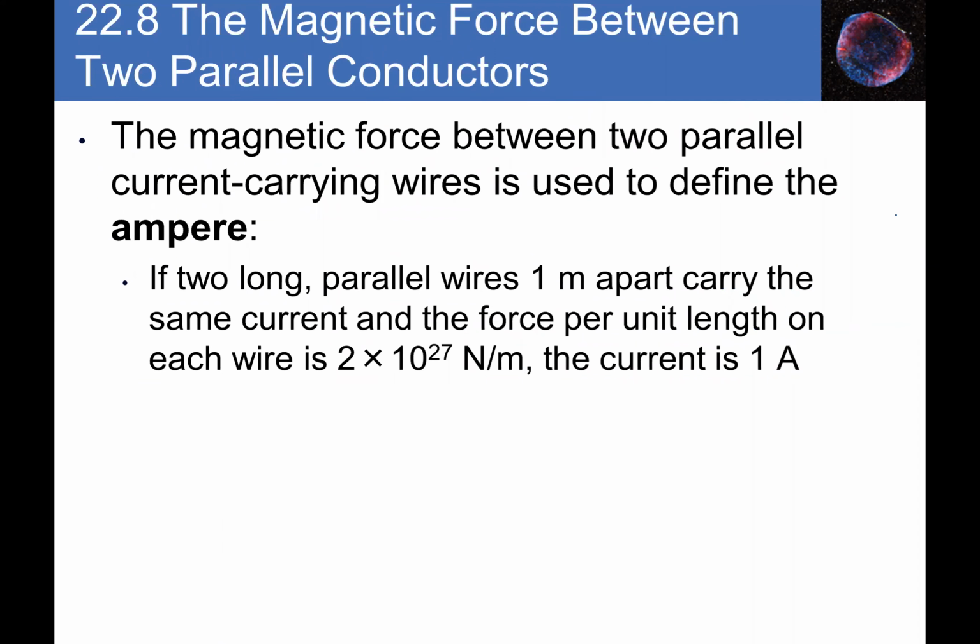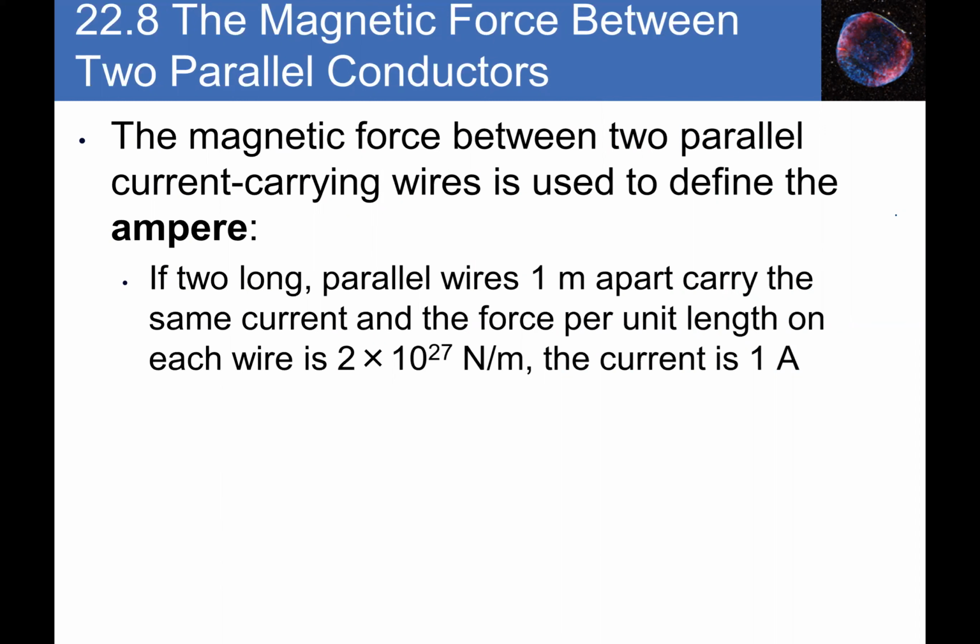Okay. Let's look at the magnetic force between, and by the way, this is one of the discoveries of Ampere. The magnetic force between two parallel current-carrying wires is used to define the Ampere. This is how that unit was defined.